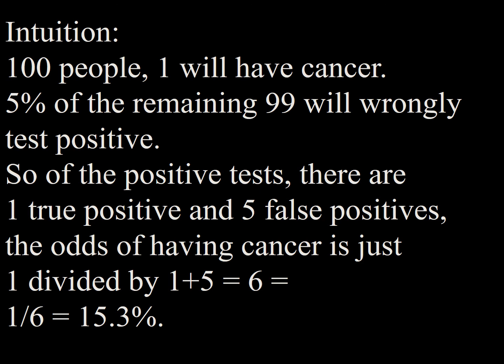So of the positive tests there is one true positive, which is the individual who has cancer and is correctly identified as having cancer, and there are 5 false positives.